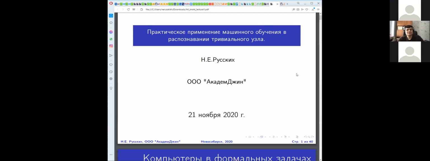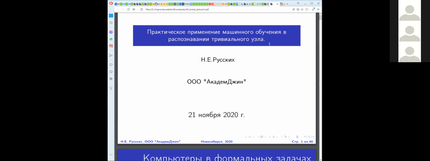Dear colleagues, thank you for the invitation to this workshop. And I'm going to give a lecture about applying deep learning methods to knot theory, namely recognition of knot classes with crossing up to 8.